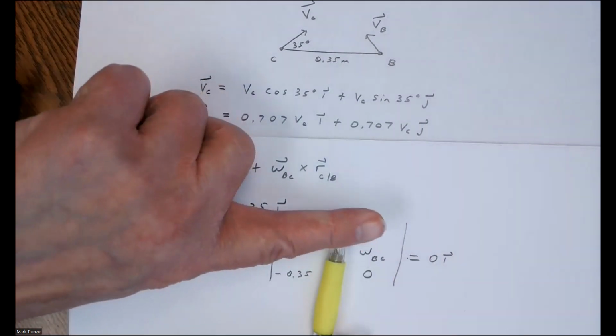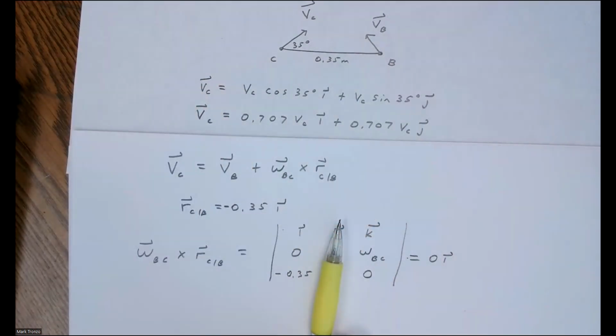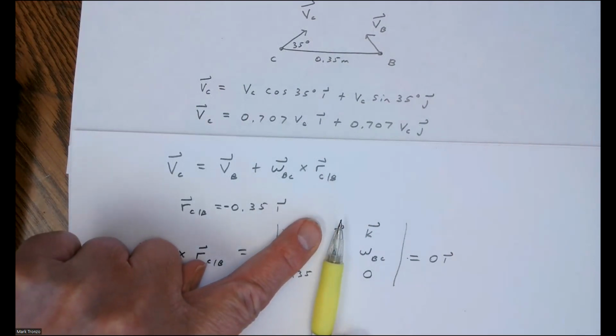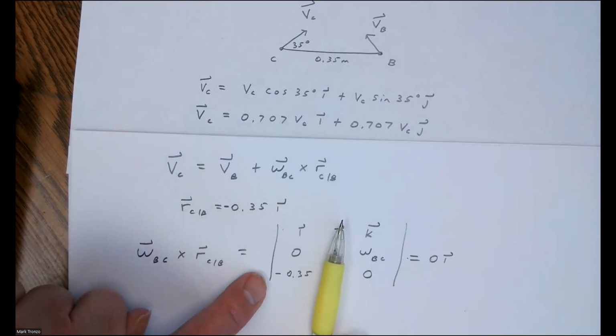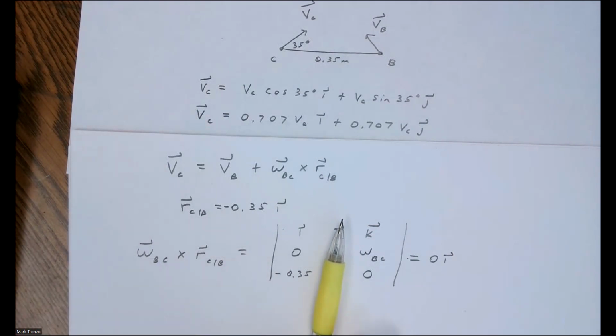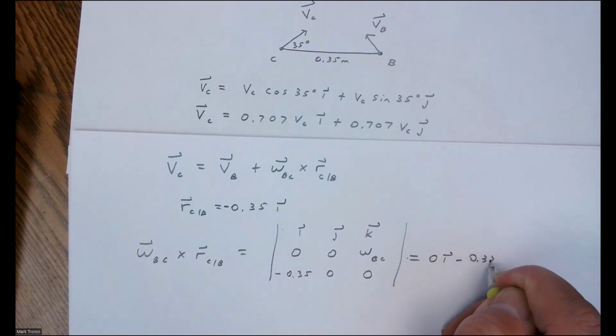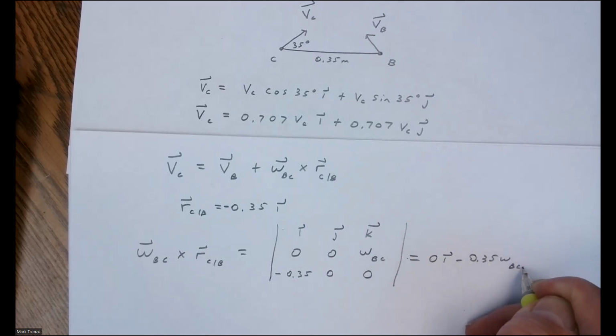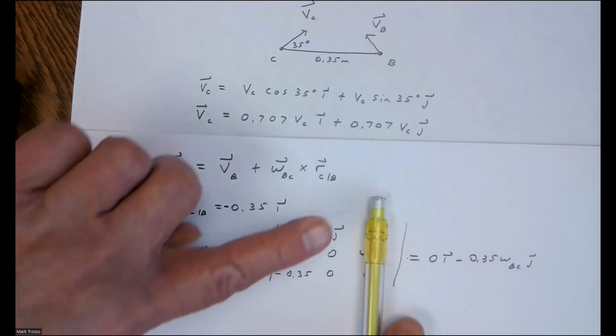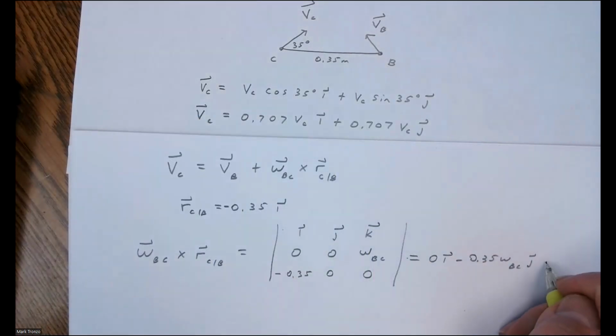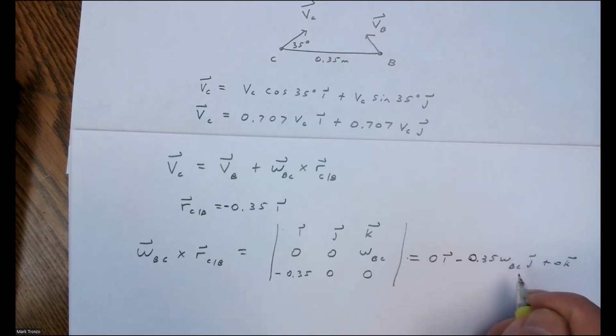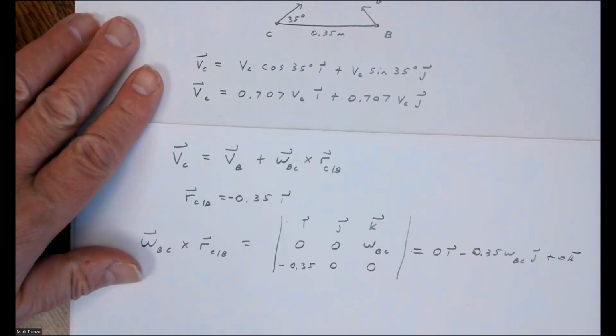And then we do the next one. For j, it'll be negative, and this is negative, but it's also subtractively negative, so three negatives make a negative. 0.35 omega BC j, and then k will be 0. So we can probably just write this as 0.35 omega BC.